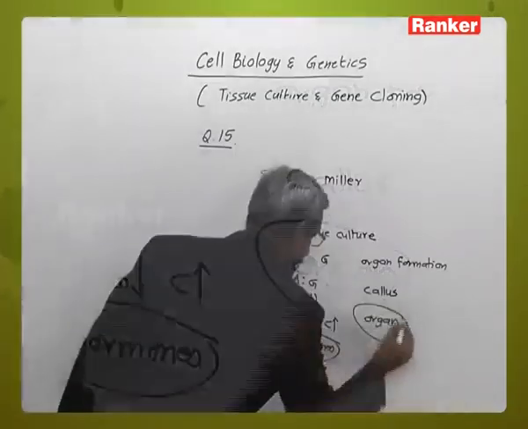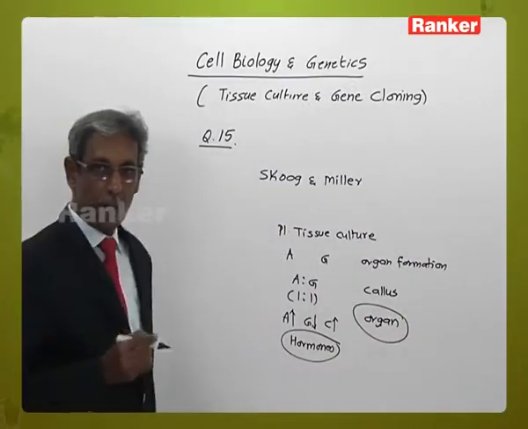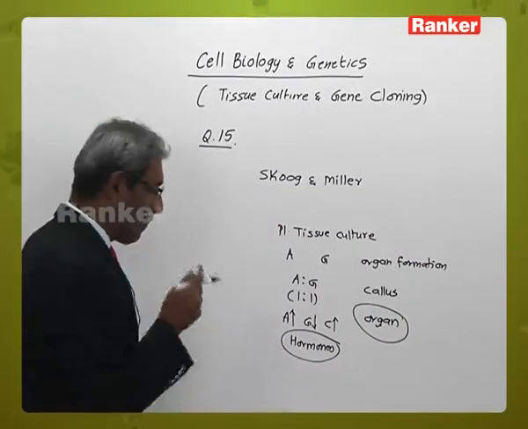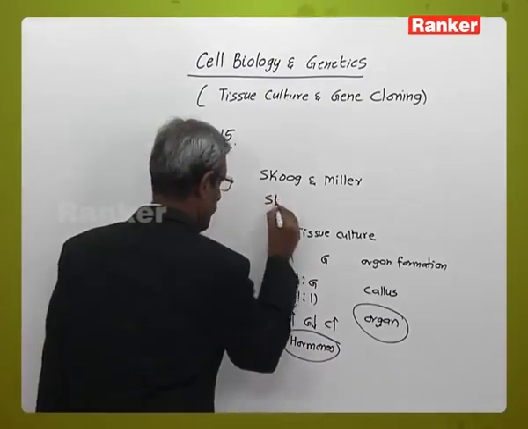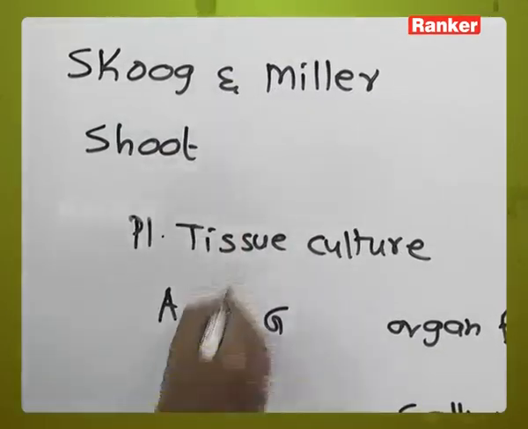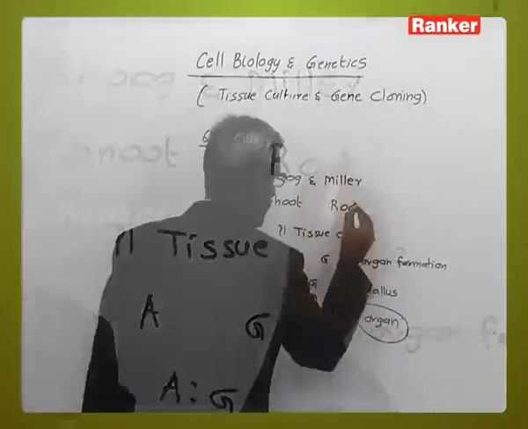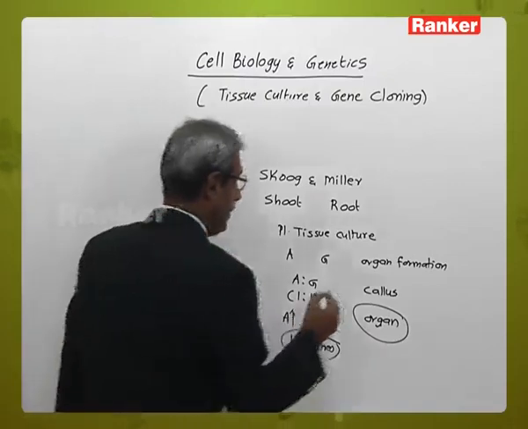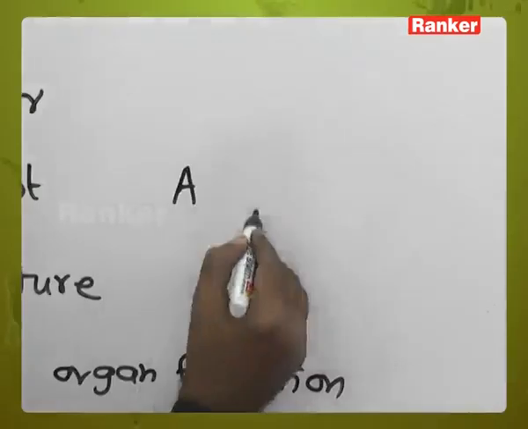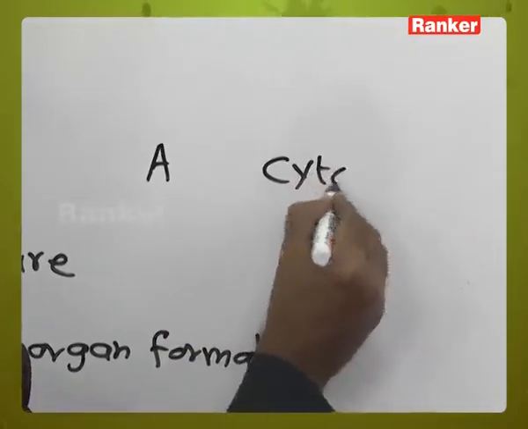Skoog and Miller identified that the formation of the shoot or the formation of the root was controlled by the levels of auxins and cytokinins.